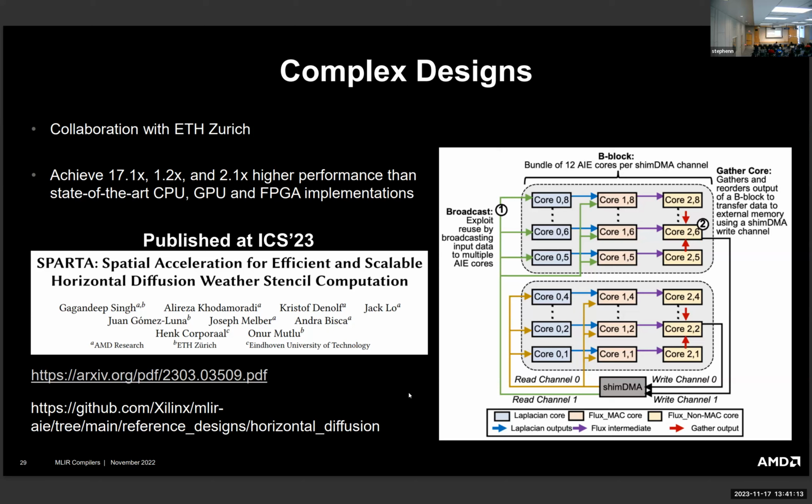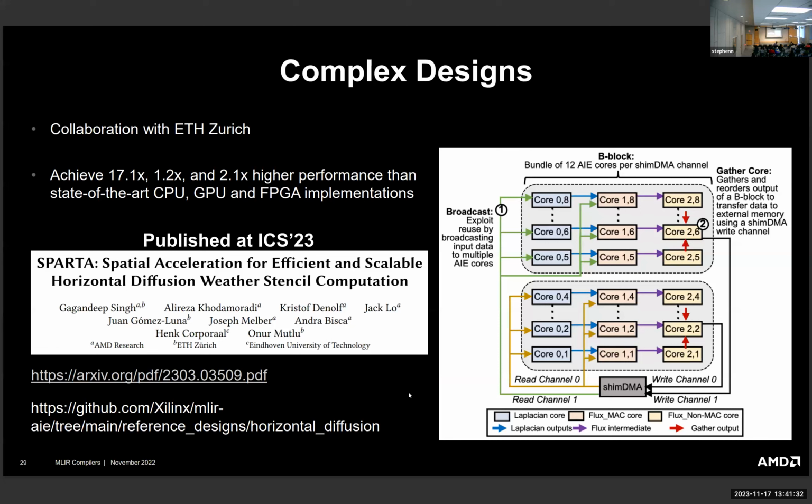This is a design done by ETH Zurich using Python bindings for mlir, for the AI engines. This is a weather stencil implementation. Weather stencils are known to be pretty hard if you want to get a high architectural efficiency.